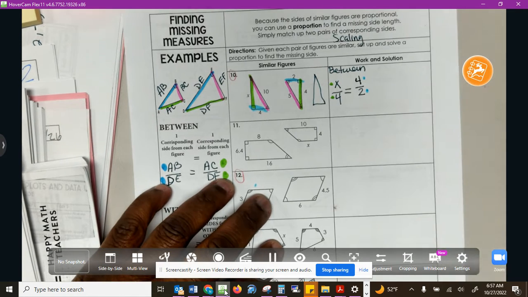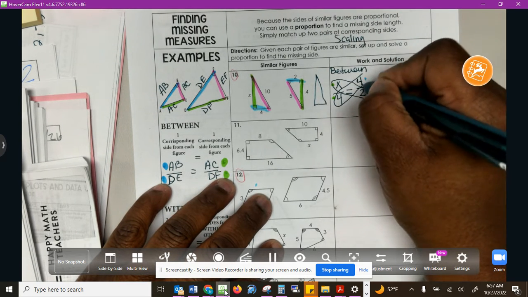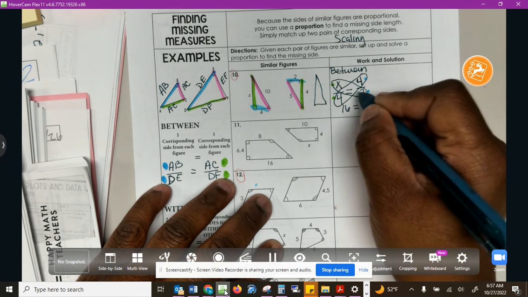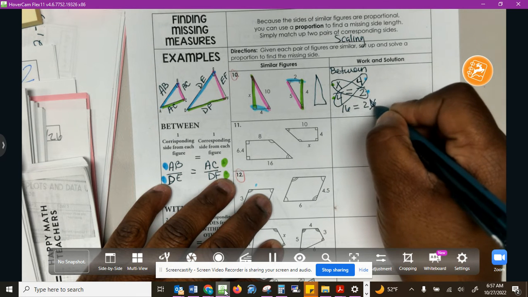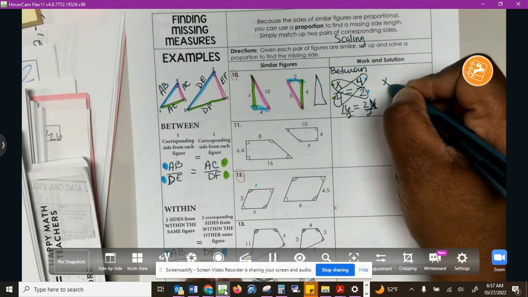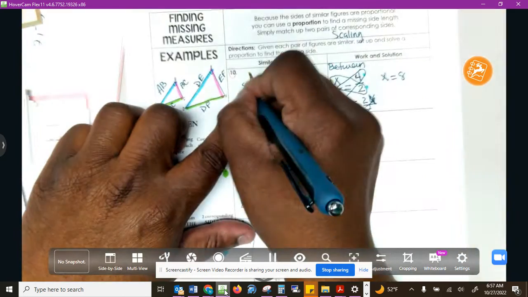Now I would solve like we normally solve anything. I can cross multiply or scale. If I cross multiply, 4 times 4, that's 16, is equal to 2x. Divide both sides by 2, and x here will be 8. So this missing side here is 8.